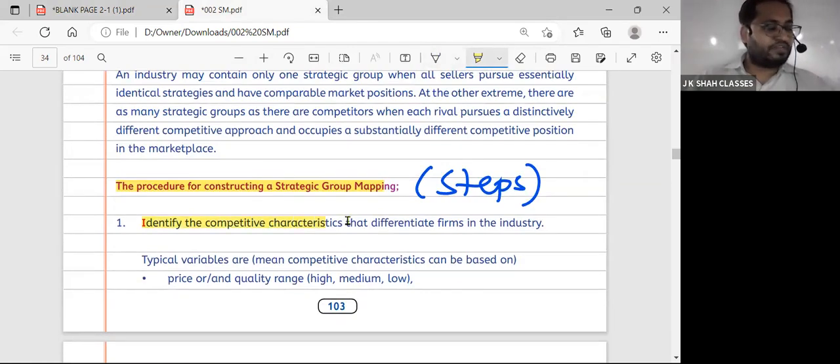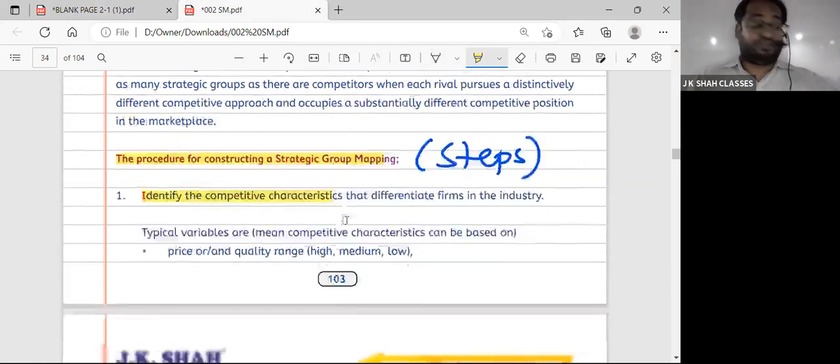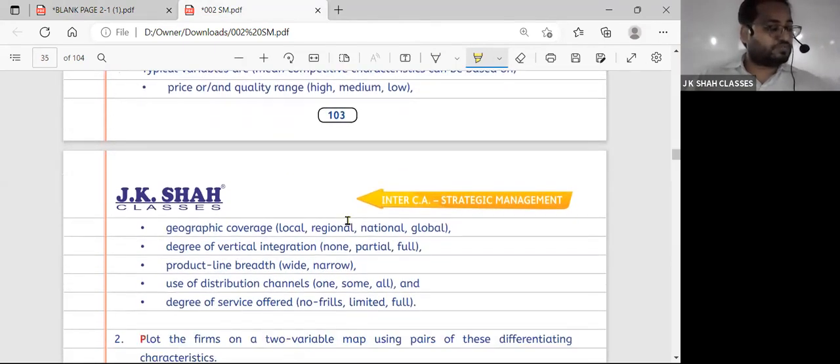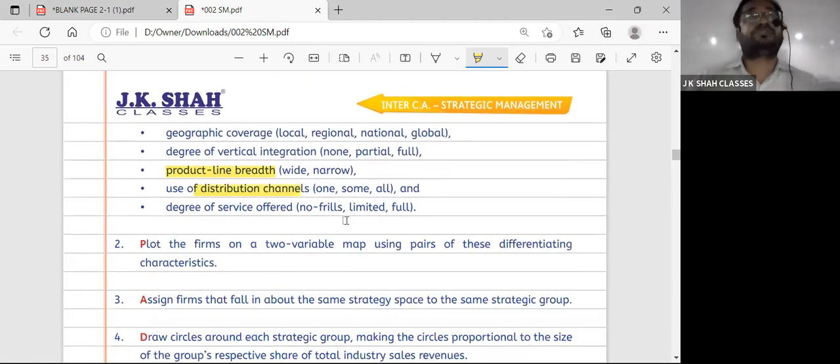Identify the competitive characteristics. Which one did I use? Price and product line. But you can use any of these. Ultimately, it all depends on the client, what he wants. See here, distribution channel is also there. Quality and price is also there. So it's up to them what they want, because it should be useful for them.